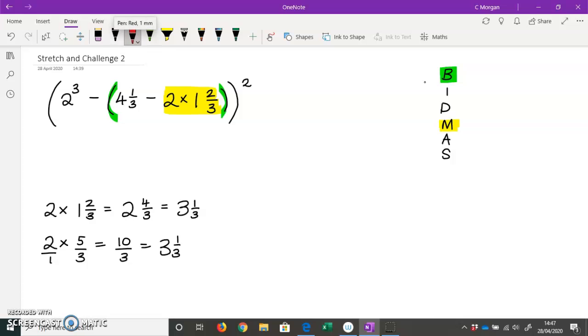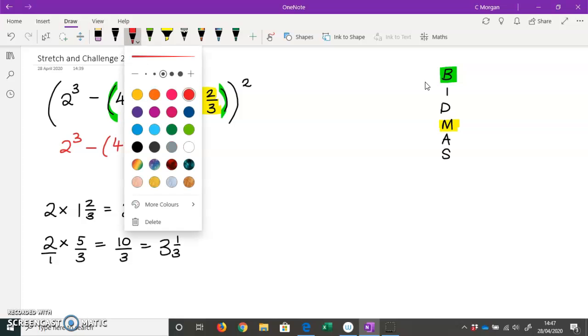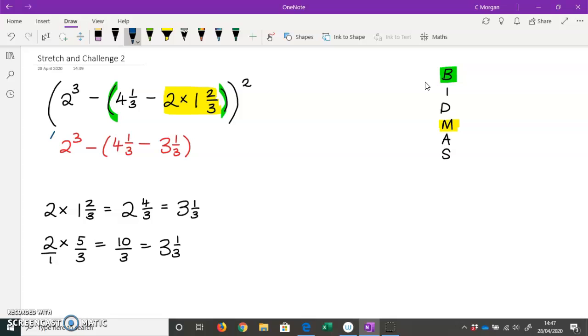So what I can see now is I've got 2 cubed subtract 4 1/3, subtract 3 1/3 in brackets there, with another pair of brackets around all of that, which is being squared. So I still haven't worked out what's inside these brackets, which I should really highlight in green.